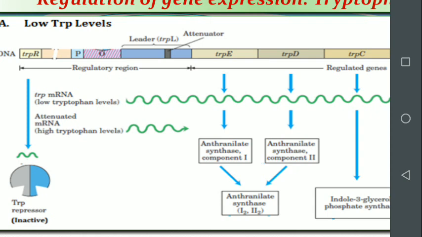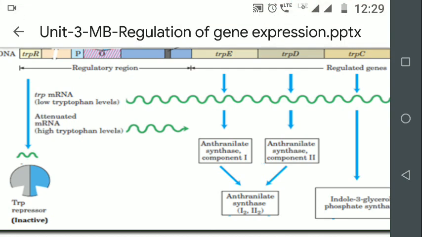So that means the cell requires tryptophan production. Tryptophan must be produced to enrich the pool of tryptophan amino acid. So for that, the structural genes must be active. Here in this case, what happens?